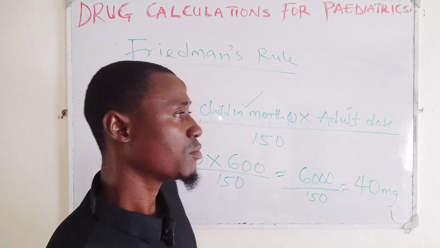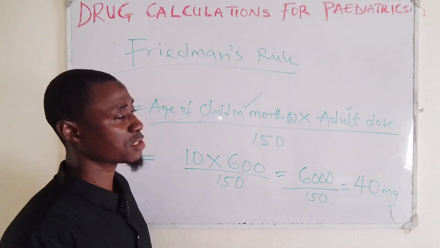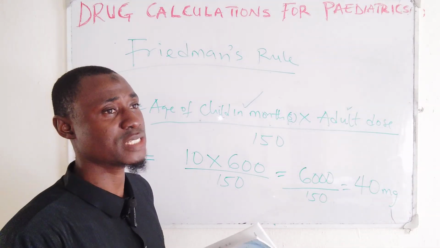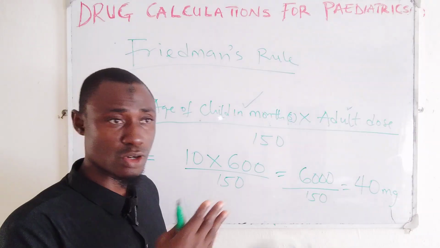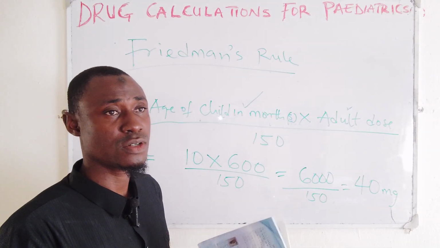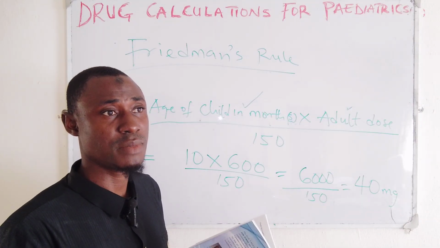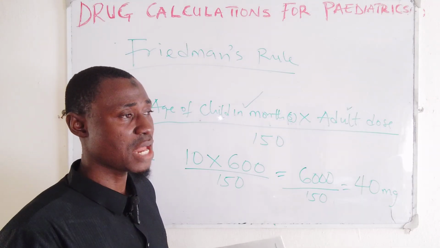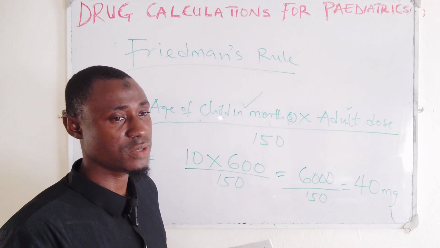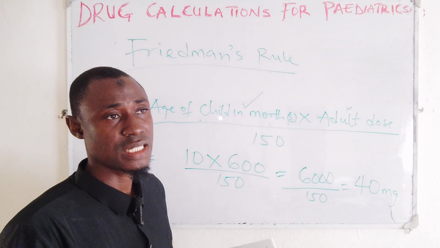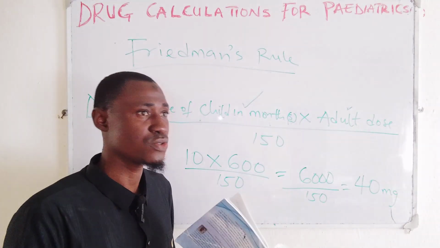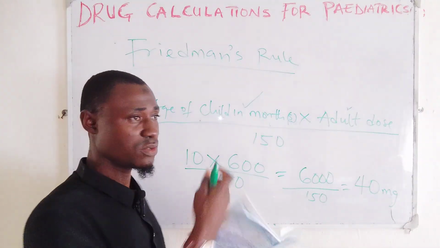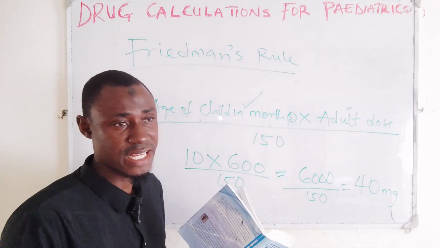Now, we have some discrepancies or issues with the acceptability of these age-based rules among some schools of thought, some scholars, or some healthcare practitioners. One of the major aspects where we have this discrepancy is with regards to the accuracy of the age-based rules.